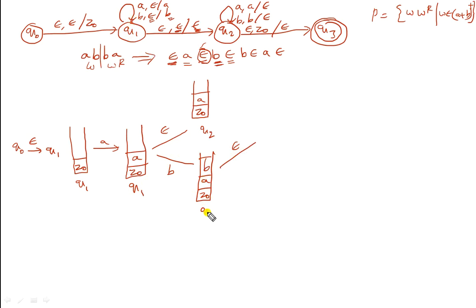Okay. Now Q1 on epsilon, what will be the state? Q2, the state will be Q2. Okay. So what is the state of the stack? The stack status will be the same. Q1 on epsilon, nothing is popped, nothing is pushed. So Z0 A B, same.